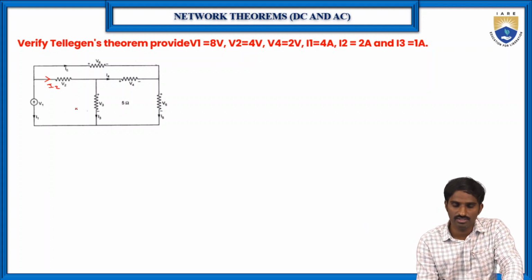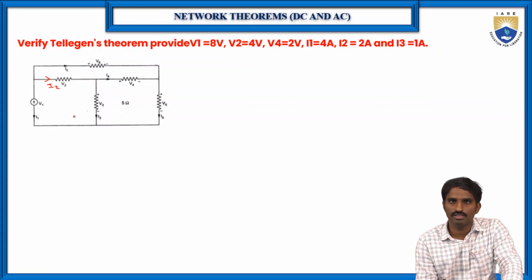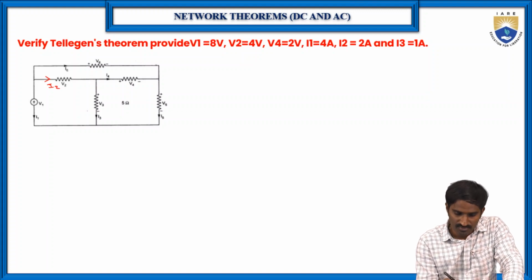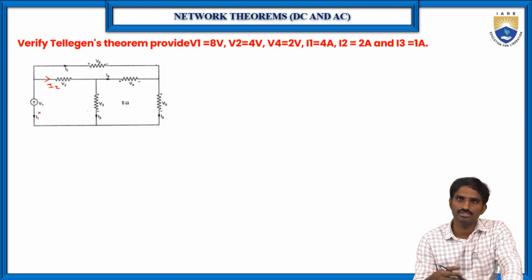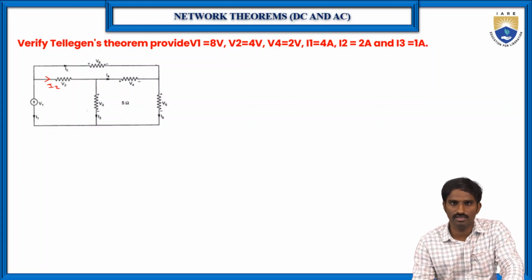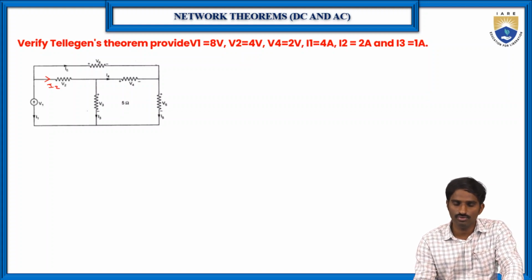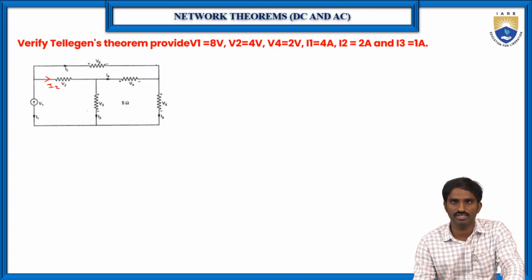But according to Tellegen's theorem, let me write here the equation. After that you just substitute the values in that equation, then you will get the value as 0, so that the Tellegen's theorem has been verified.